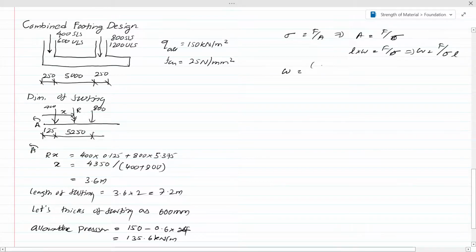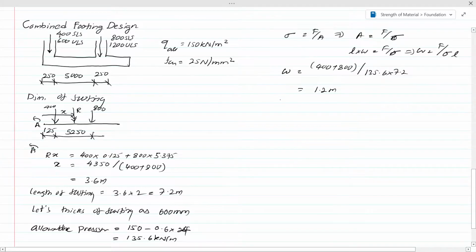Force we know. Now 400 plus 800, then it's divided by stress. We calculated the pressure under the footing, 135.6, into length 7.2. From this we get the width of the footing as 1.2 meters. We need to approximate this value during the design.